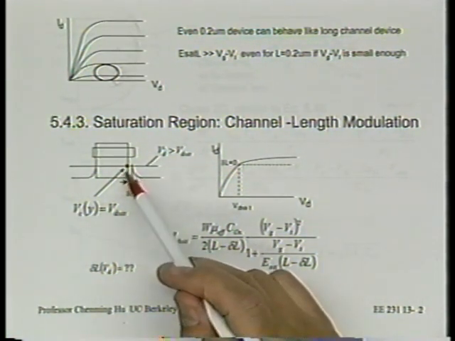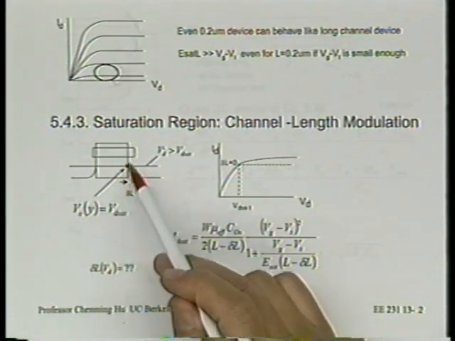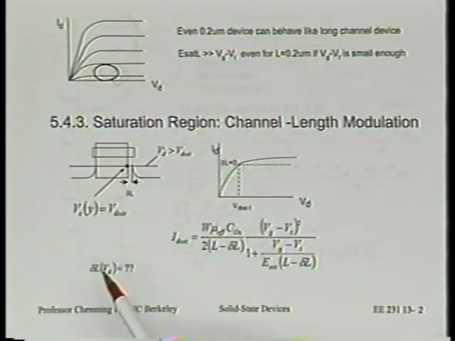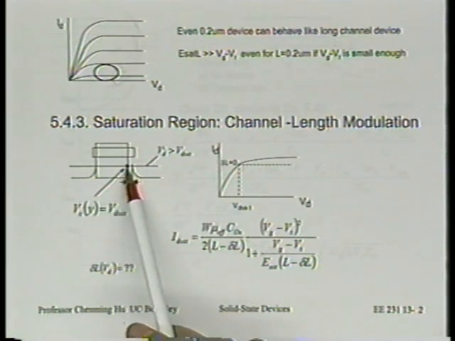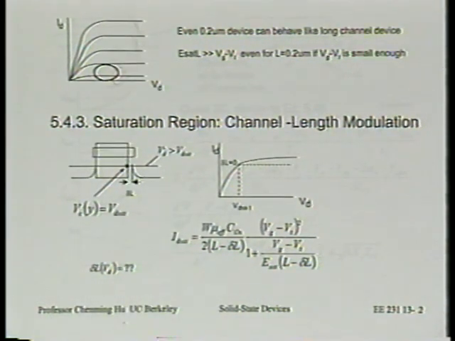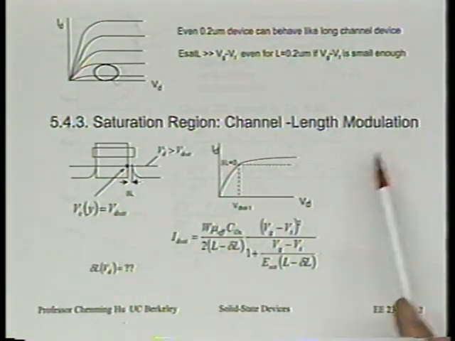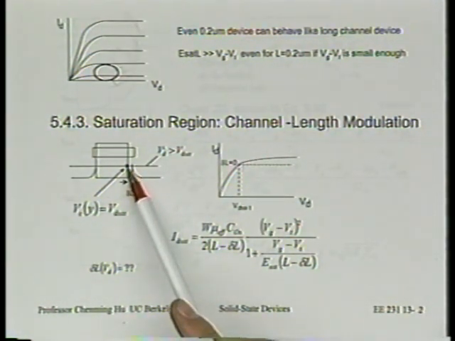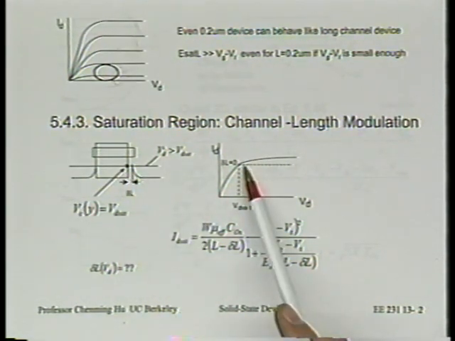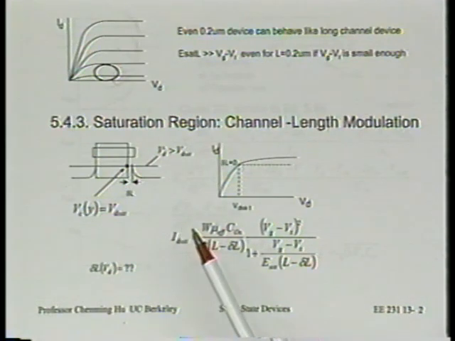And the remaining portion of the channel, which determines ID set, effectively has a shorter channel length than L. That reduction of channel length is called channel length modulation, and it's that reduction of the effective channel length that's allowing the current to gradually rise, right? So the mechanism is there, and today we're going to look at a quantitative model for that.